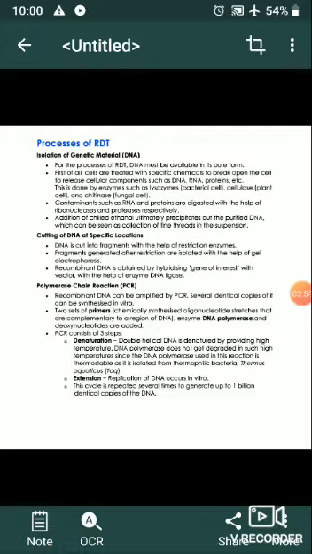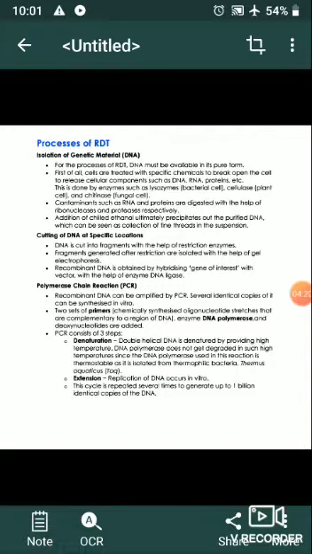Cutting of DNA at a specific location. In this method, specific restriction enzymes are used. These enzymes work as a knife and cut the DNA sequence at a specific site in such a way that fragments with the desired gene are obtained.